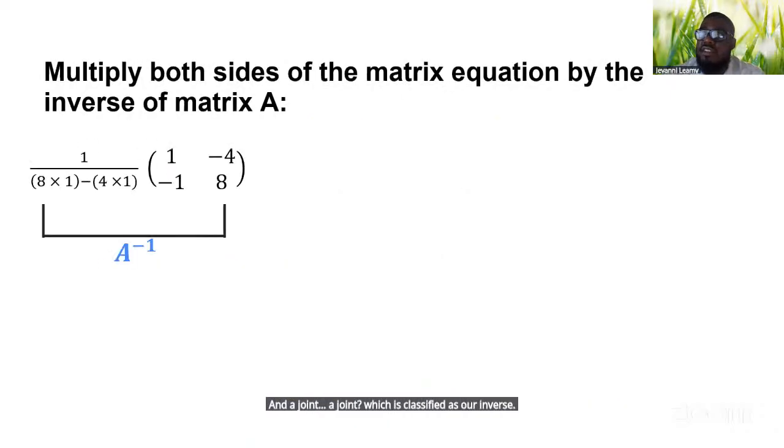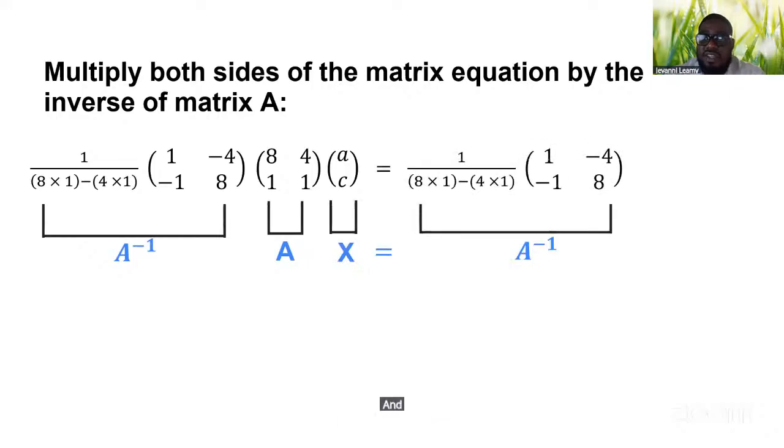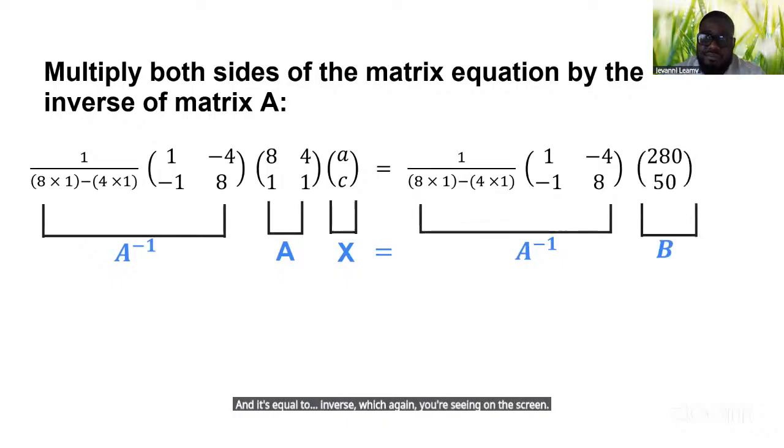As you can see, that is A inverse. And we have matrix X, which is A, C, the unknowns, and it's equal to A inverse multiplied by B.